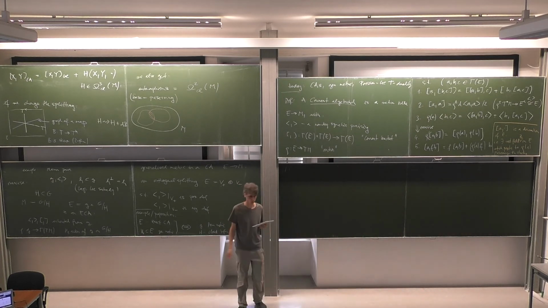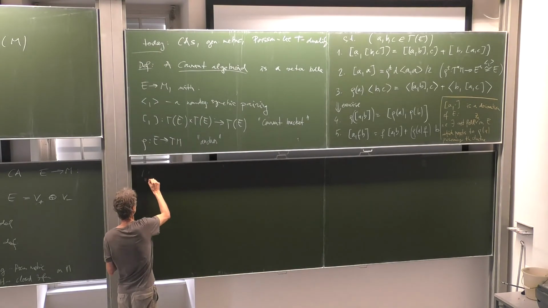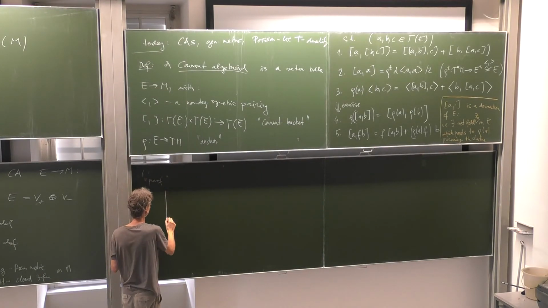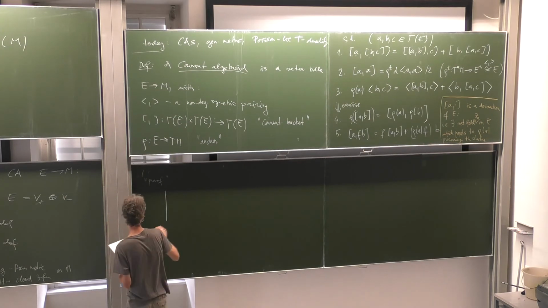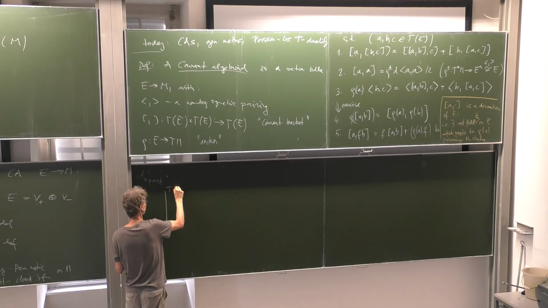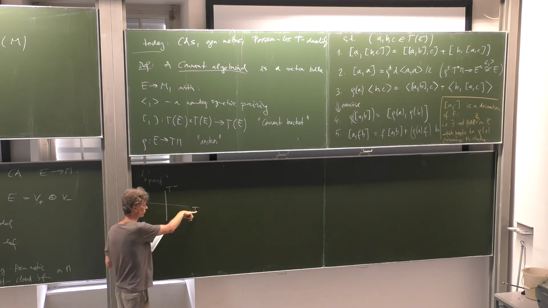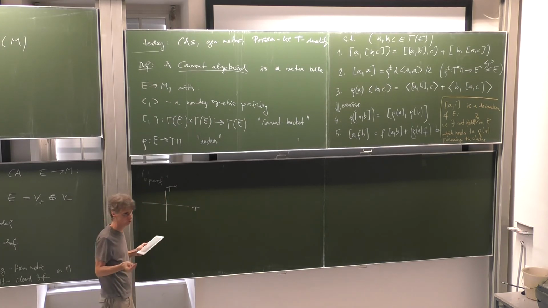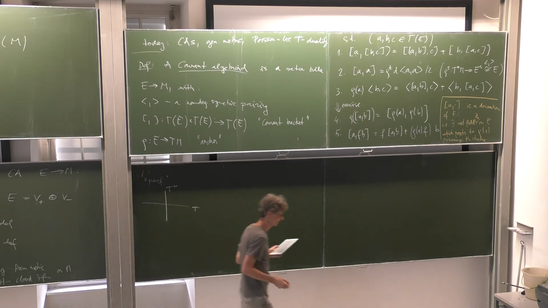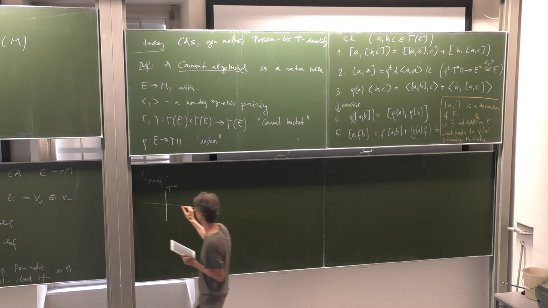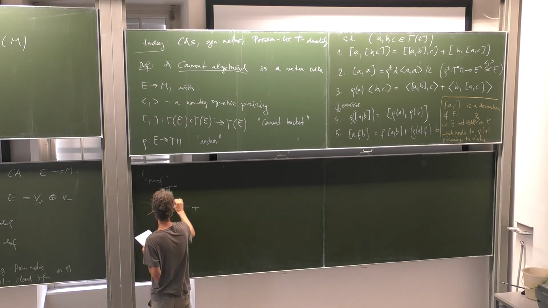Okay, now how does it work? Some kind of proof. We have our exact Courant algebroid, which contains T star, and we can choose a splitting. This T is not natural, we somehow choose it. And then we have here this V plus.